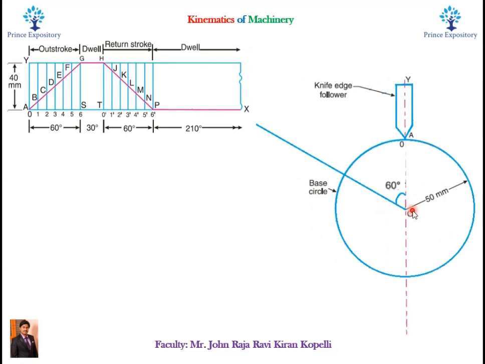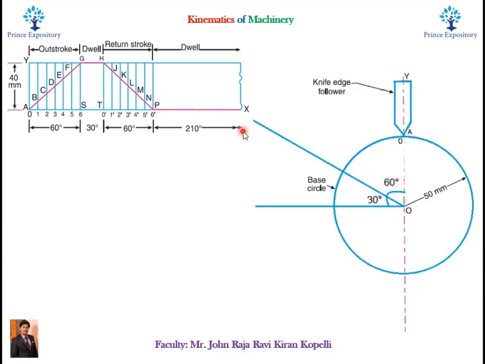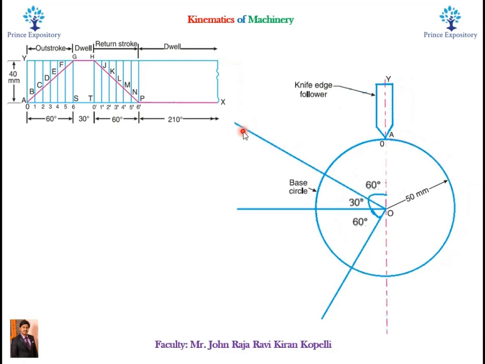Measure from this line 60 degrees, which belongs to the outstroke, and draw a line. Then followed by 30 degrees dwell, followed by 60 degrees return stroke, and the remaining from the last line of the return stroke up to the first line is 210 degrees.